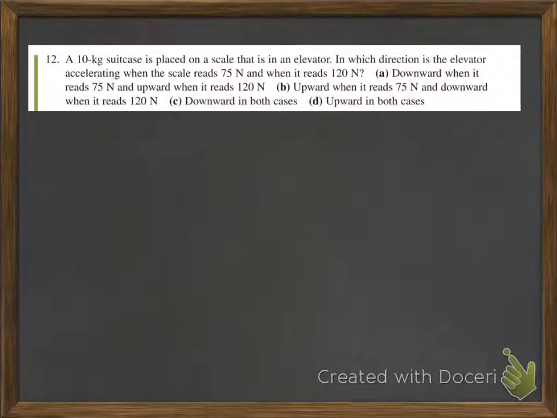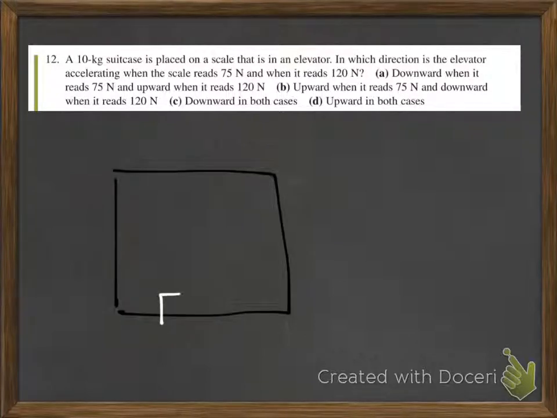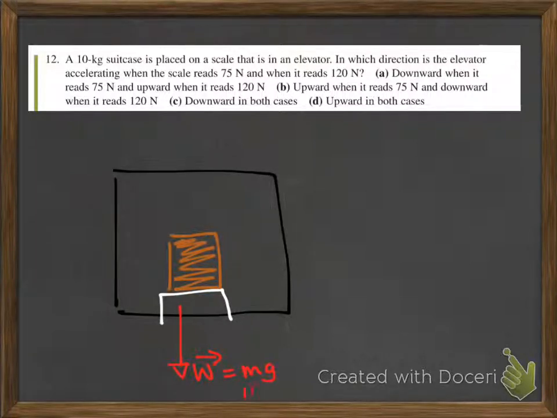So if they told us that the weight is mg, so the weight in this case would be 10 times 9.81, so around 100 newtons, and the scale reads 75 newtons.